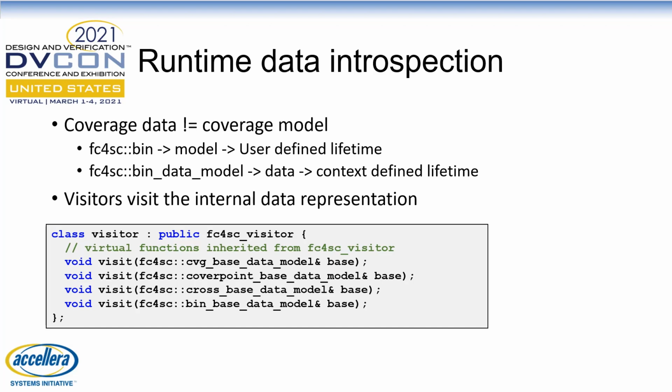Visitors will traverse the coverage data and not the coverage model. This means that the results can be different if you visit the same coverage object, but the coverage object is instantiated in different contexts. So you can use the visitor class to traverse any coverage data from cover group down to individual bins.